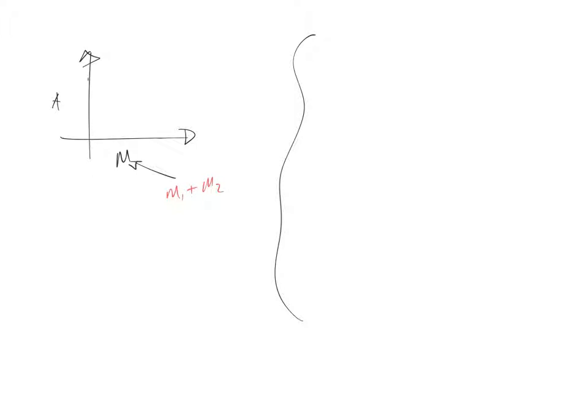Well, when you graph your data, acceleration versus mass, first off, which mass are we talking about? Well, you need to add M1 plus M2 in kilograms because both objects are really part of our system.